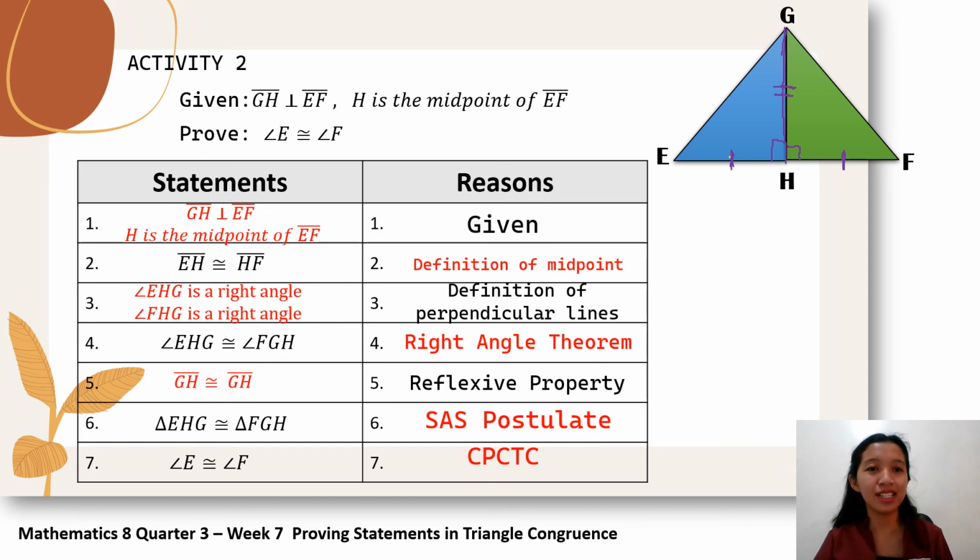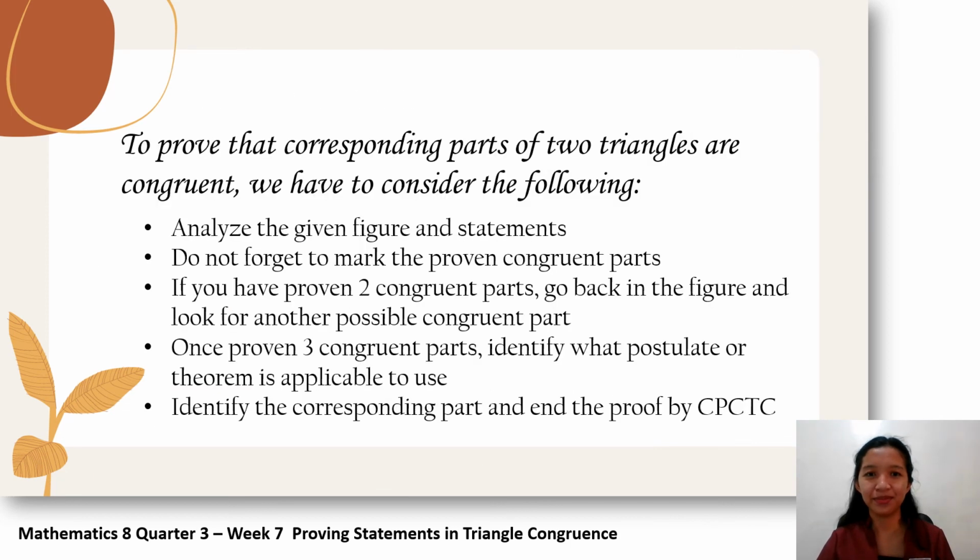So based from my examples and my activity, I hope you understood how to prove statements in triangle congruence. Always remember that to prove that corresponding parts of two triangles are congruent, we have to consider the following. First, analyze the given figure and statements. Number two, do not forget to mark the proven congruent parts.